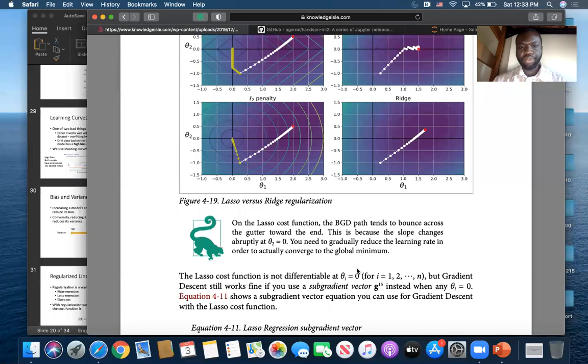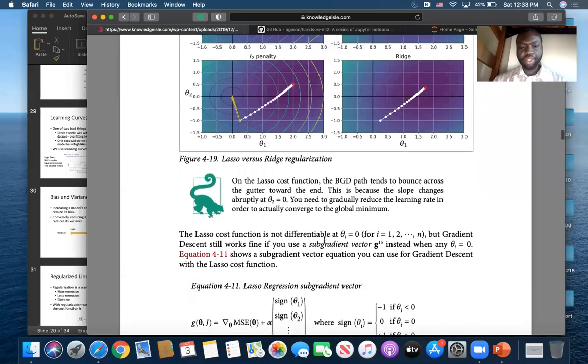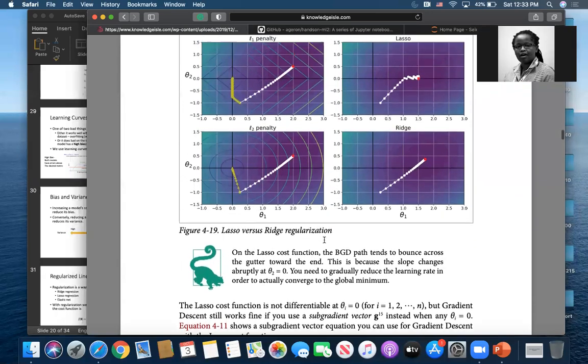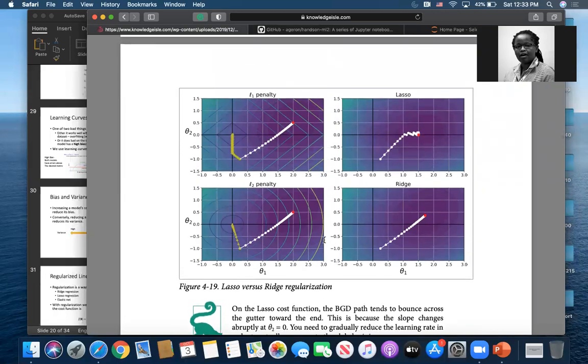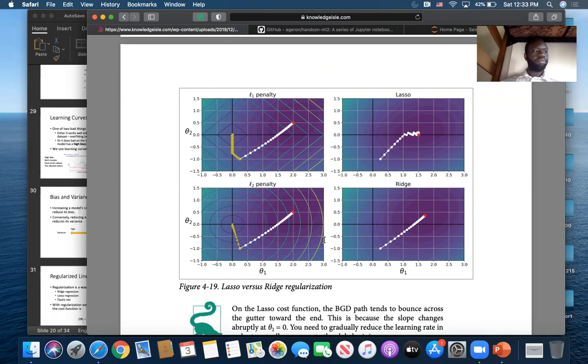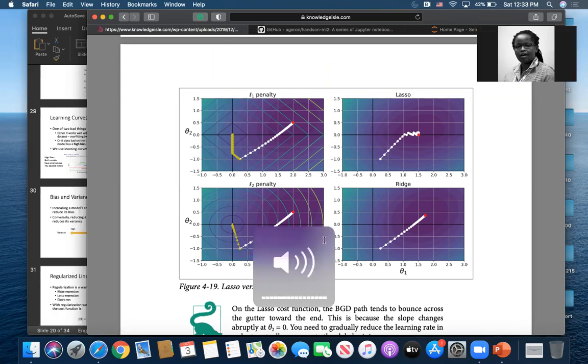I think he's just showing here what's happening when we're not using the batch gradient but the mini-batch or the stochastic gradient. Usually we use the stochastic gradient. The problem is that it really has trouble finding the global minimum, especially with polynomials.